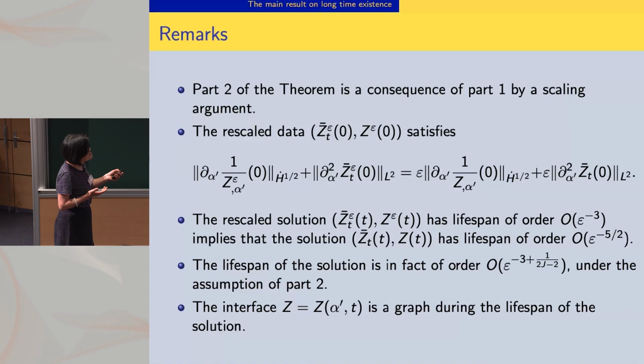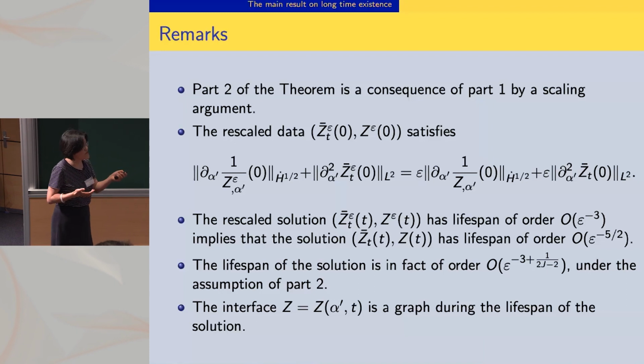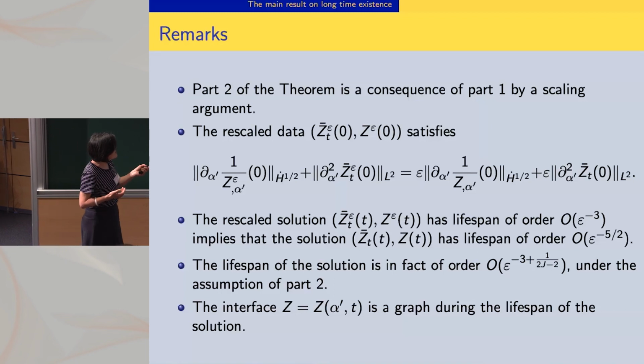Because it's small, we apply the first part. The rescaled solution exists for time epsilon minus 3. So you go back to your original variable, you get epsilon minus 5/2. This is why we lost a little bit of lifespan.